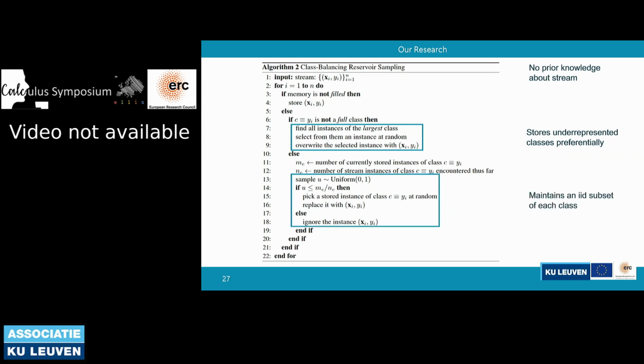And second, we perform essentially reservoir sampling at the class level, in order to not maintain an IID subset of all the past observations, but to maintain an IID subset of each class at each moment in time.